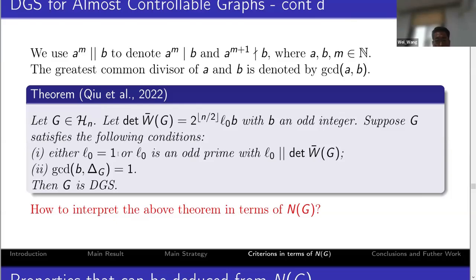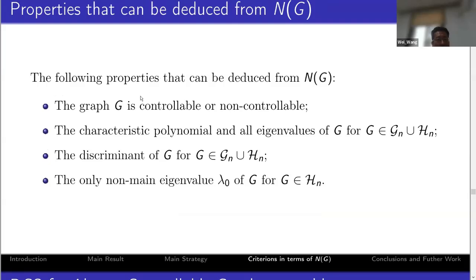It's not difficult to show the following properties can be deduced from the Hankel matrix NG, whether graph G is controllable or almost controllable. From NG, we can compute the characteristic polynomial and all the eigenvalues of G for a controllable or almost controllable graph G. We can also compute the discriminant of G, and also compute the non-main eigenvalue, the only non-main eigenvalue lambda 0 G.